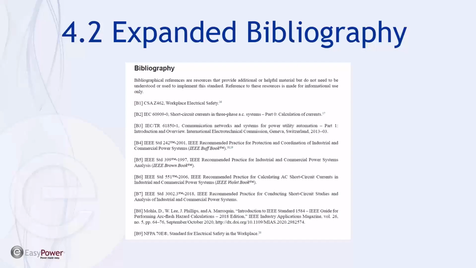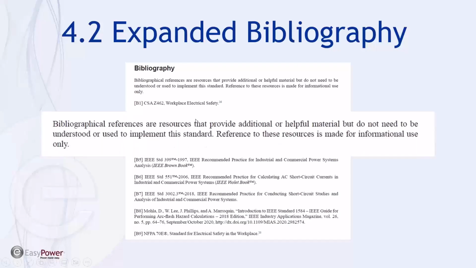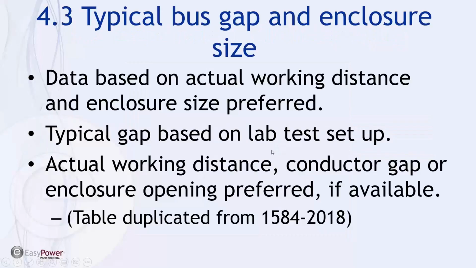But still, in the header for this, there's a tagline that references resources that provide additional information or helpful material but do not need to be understood or used to implement the standard. The reference to these sources is made for informational use only. So that's kind of a heads up that there may be some discussions about these documents in the future and how they apply to any future models.